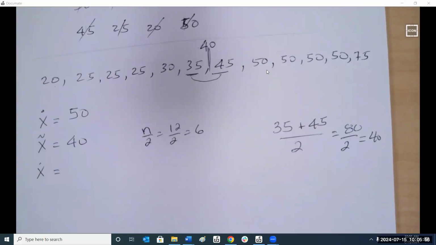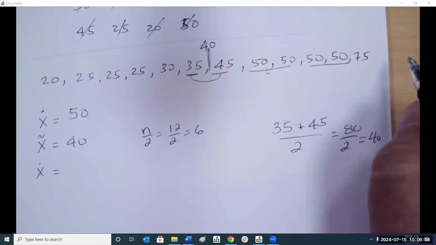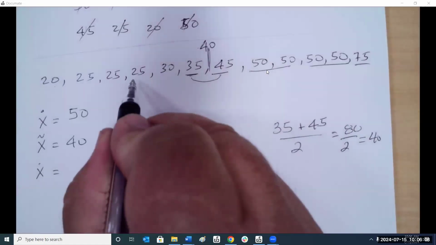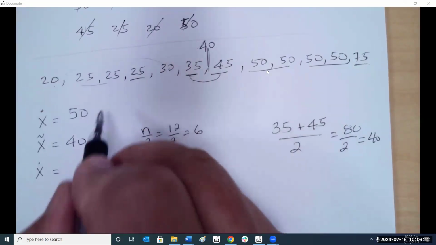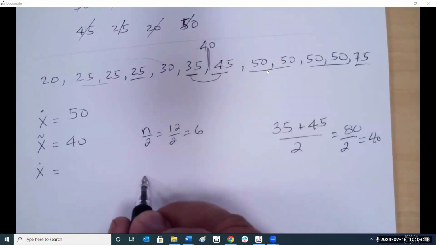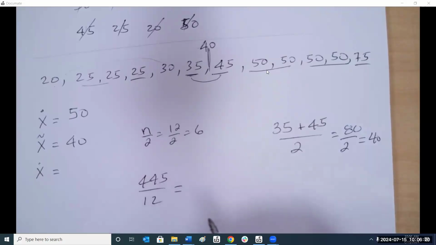And the last one, the mean. We add them all up. So we have 100, 200, 300, 50 plus 50 is 400, 445, divided by 12.